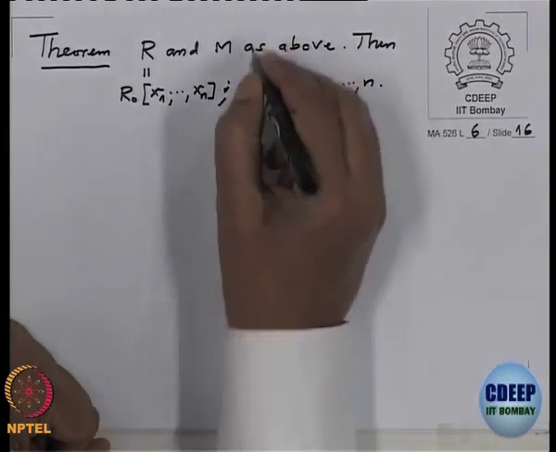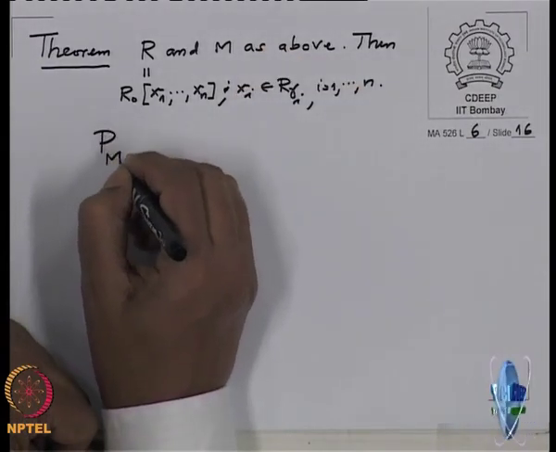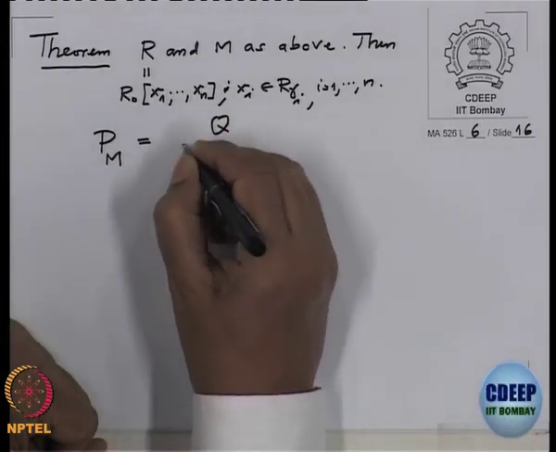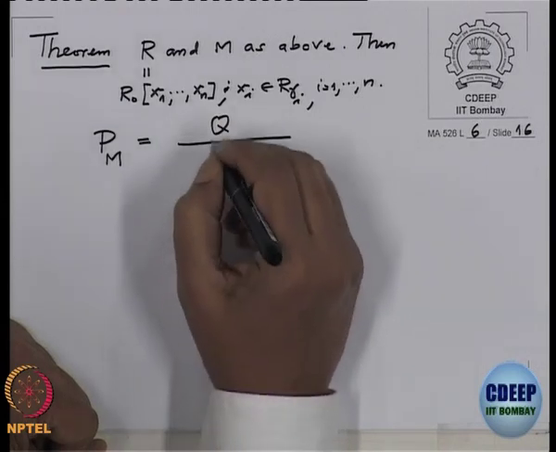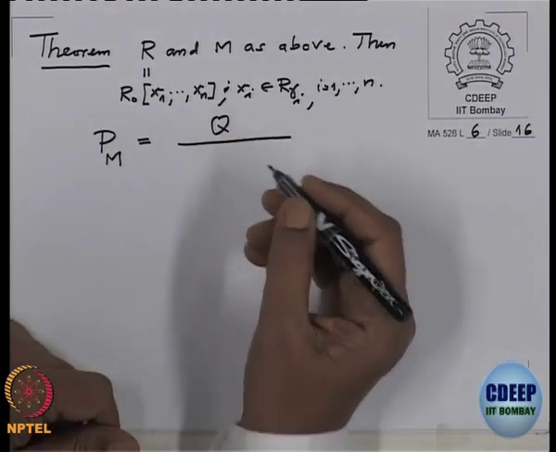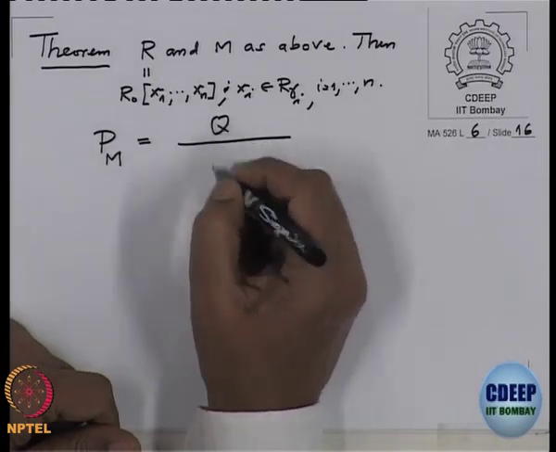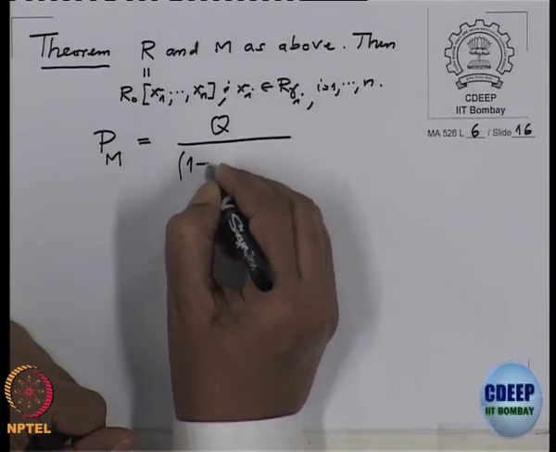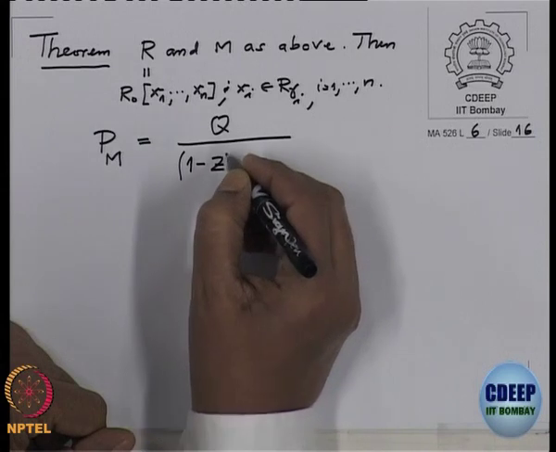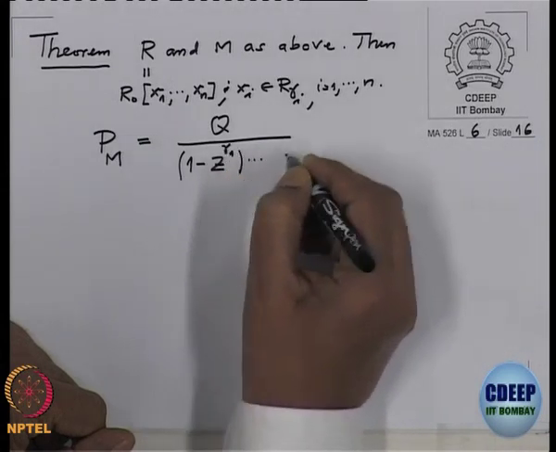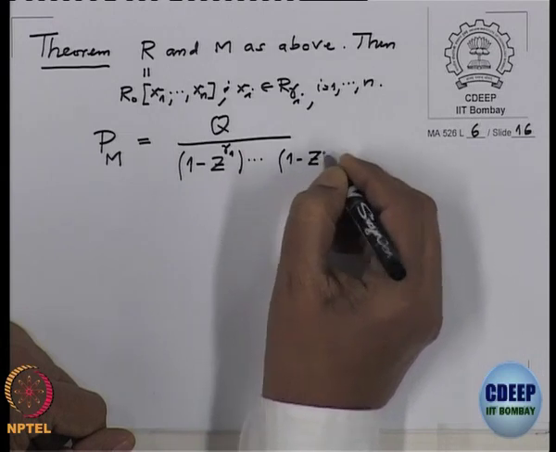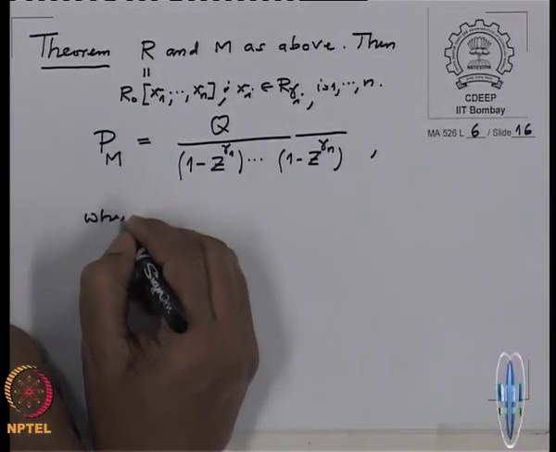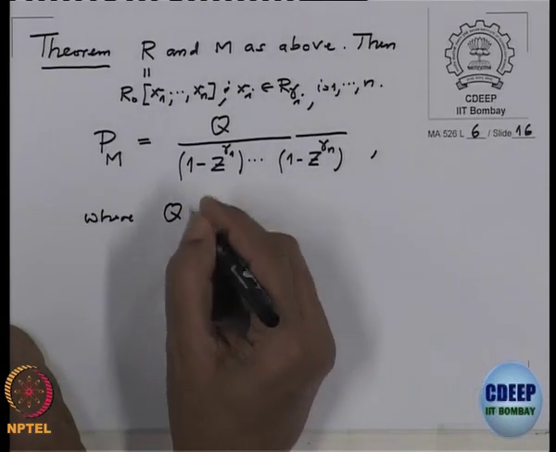Okay, then the Poincare series of M, P_M, is the same as some Laurent polynomial Q divided by, it is a rational function of the type, the numerator is not just a polynomial, it is a Laurent polynomial Q, and then the denominator is (1 minus z^gamma_1) through (1 minus z^gamma_n), where Q is a Laurent polynomial.